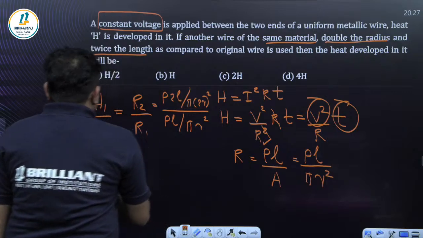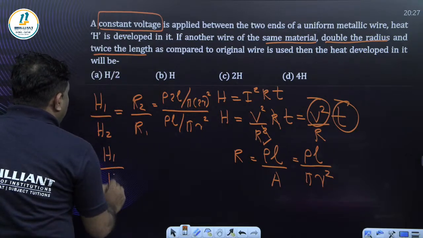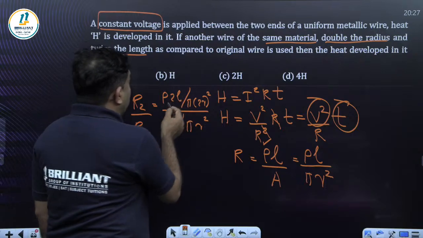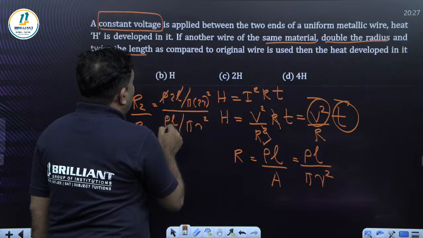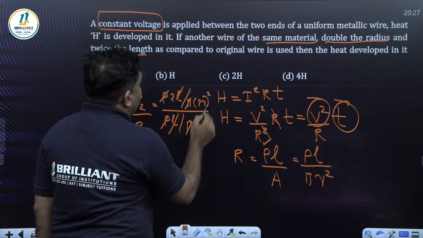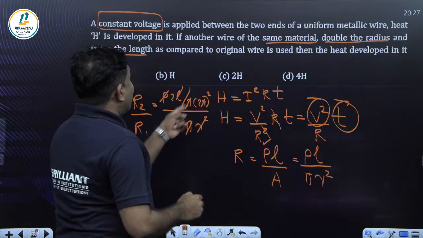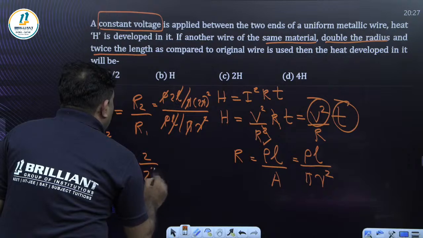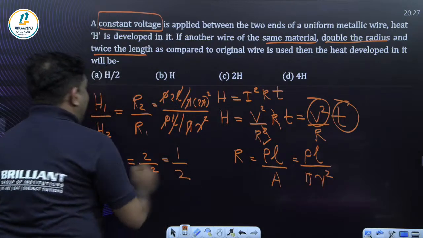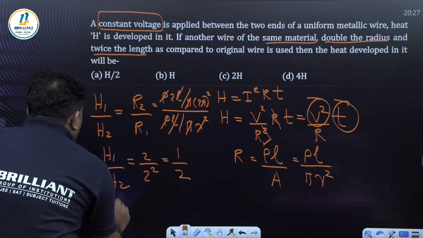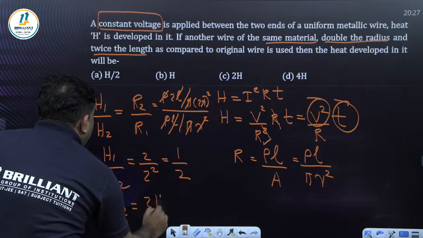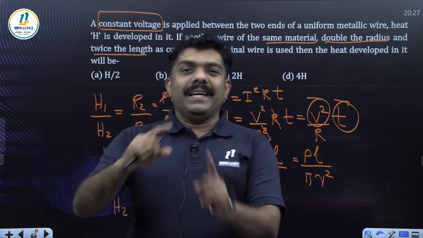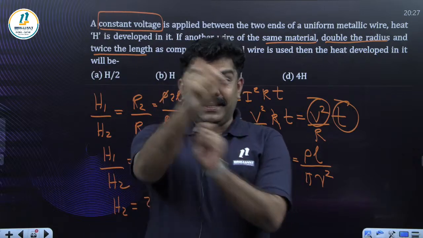So I can write H1 by H2 is equal to, rho L cancels, pi cancels, R square cancels, 2 by 2 square, that is equal to 1 by 2. So H2 is equal to 2H1. So we can say that heat doubled.